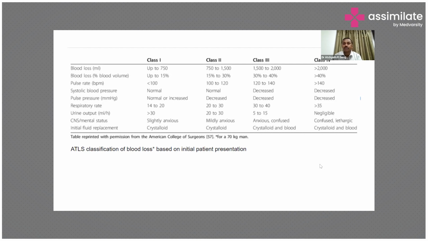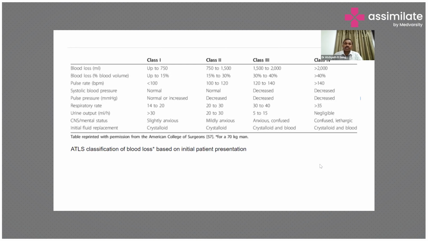And the class 4, that is severe shock, appears when the blood loss is more than 40% of the total blood volume, and it goes more than 2 liters. Heart rate is high, more than 140.